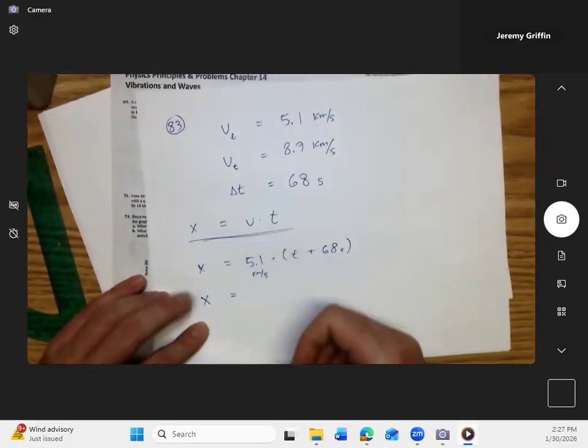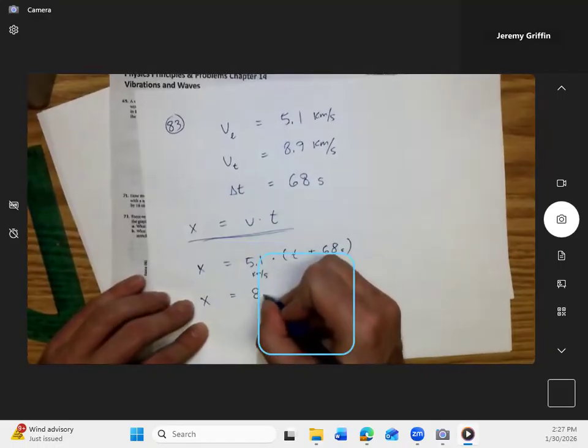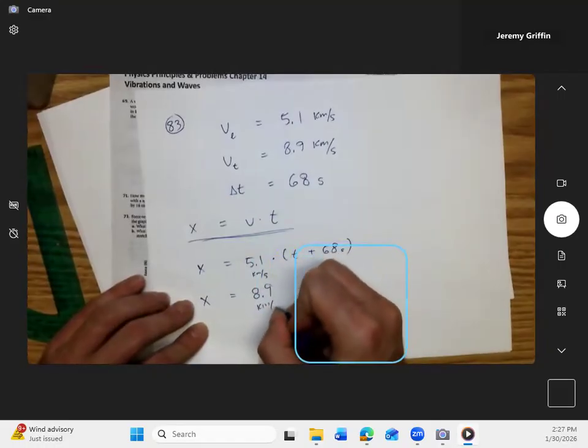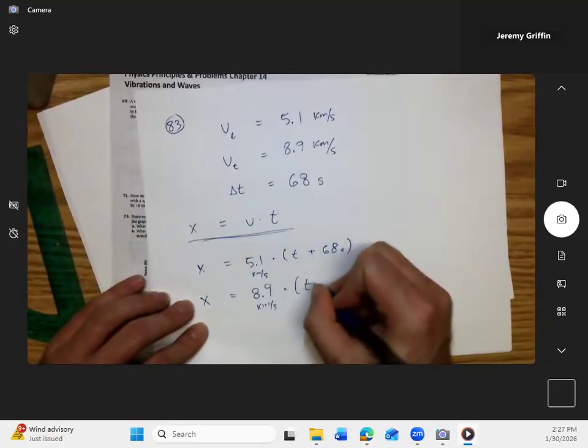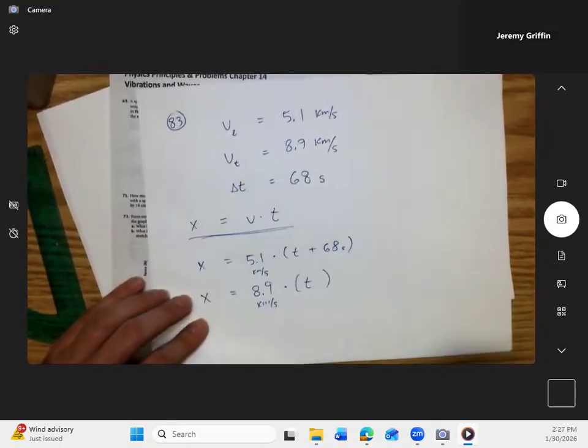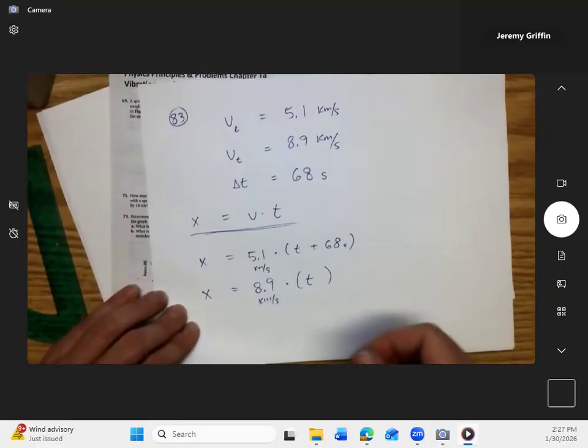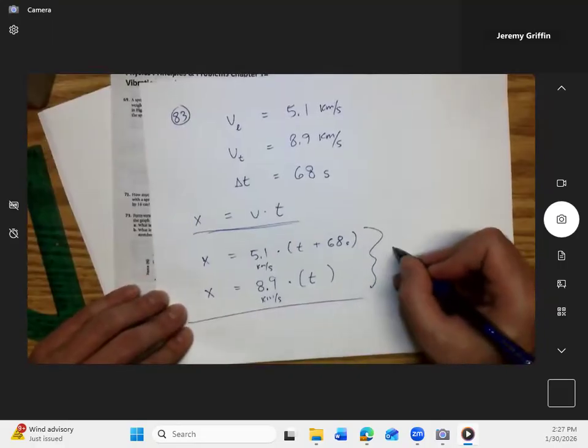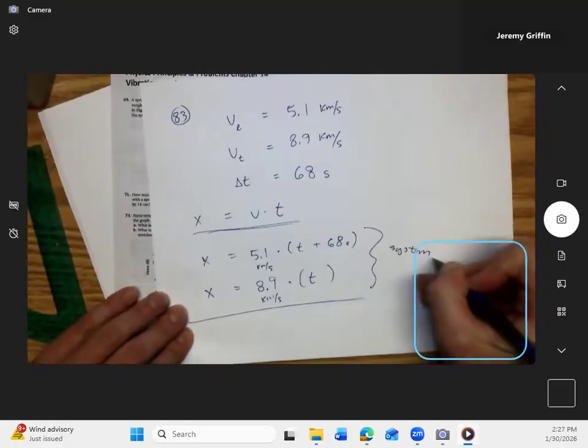And equal distance is equal to the faster speed, 8.9 kilometers per second, times just plain t, right? Is that okay, why I set that up that way? So we have a system of equations here.